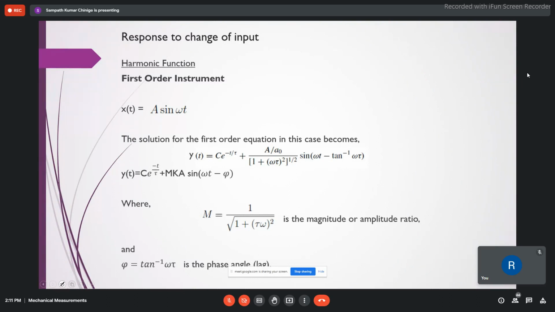One is the frequency response, where I will look at how the system is responding with respect to frequency. Second one is amplitude response.